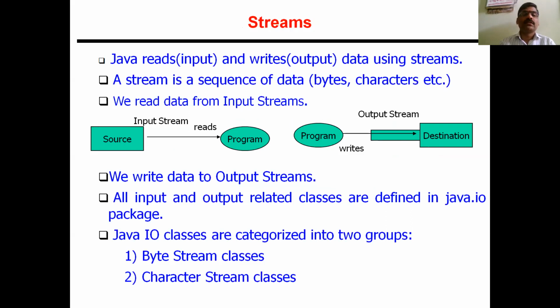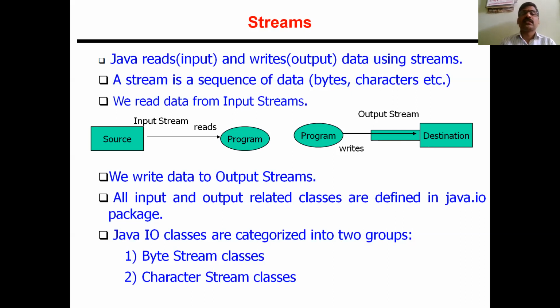Java reads the data, which is called input, and writes the data, which is called output, using streams. That means input and output, that is reading and writing operations, are done in Java using streams.